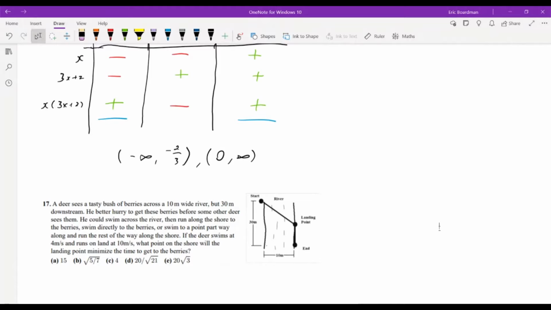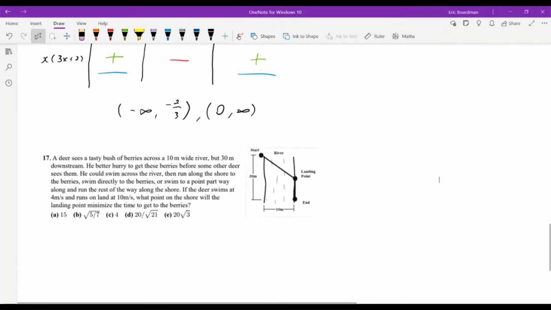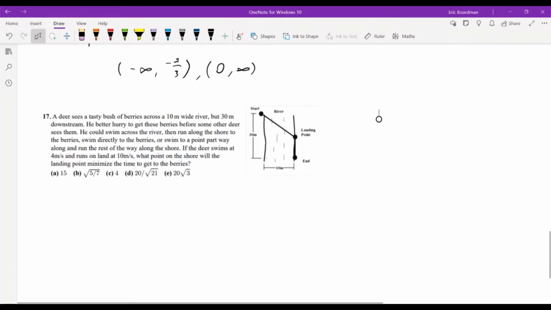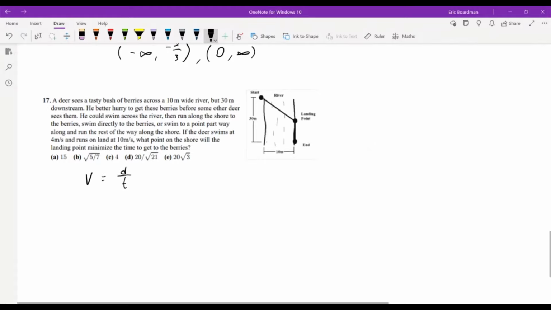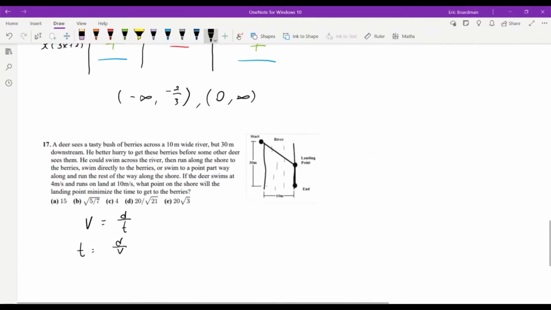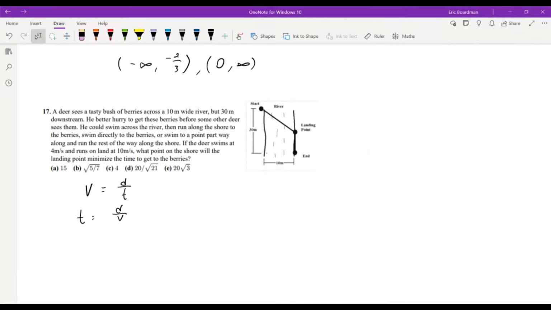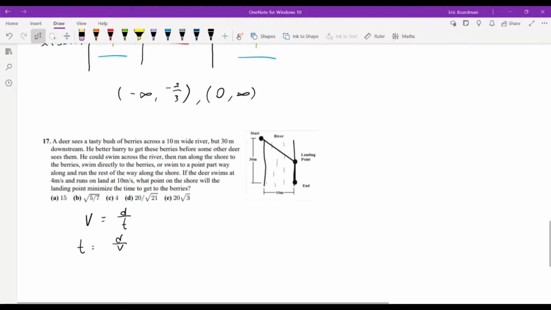Okay, so we know that first, speed or velocity is just distance over time. So time is distance over speed. So we're going to be using this relationship for this question.